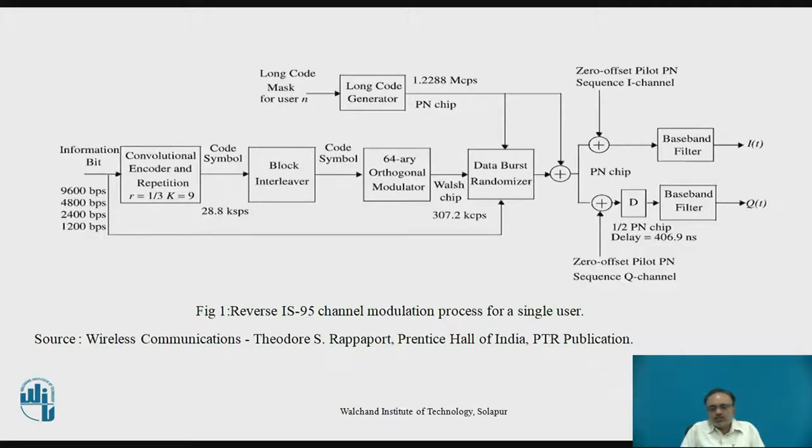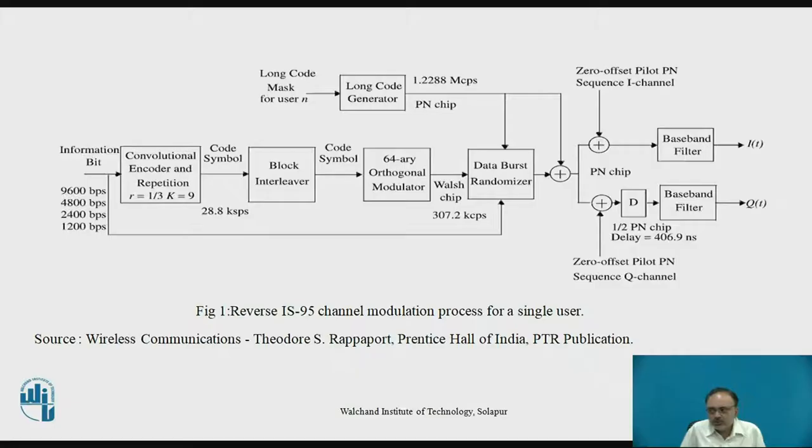Now, this is the block diagram of the reverse IS-95 channel modulation process. First is the convolutional encoder and the repetition with R equal to 1/3, K equal to 9, provided with the various rates from 1200 to 9600 bps.